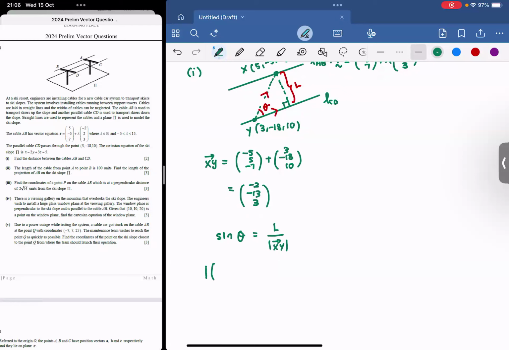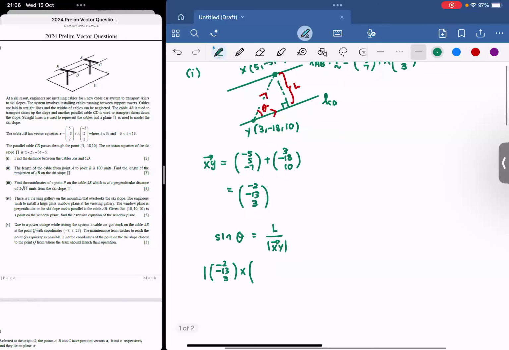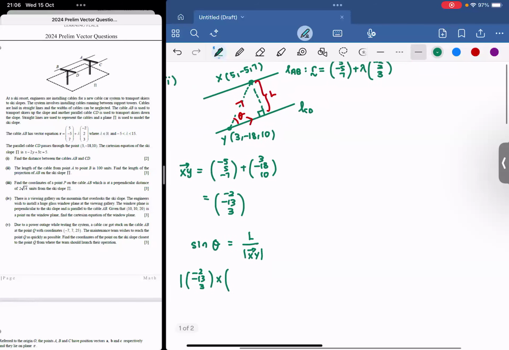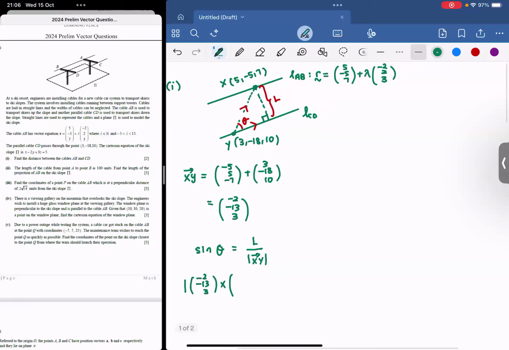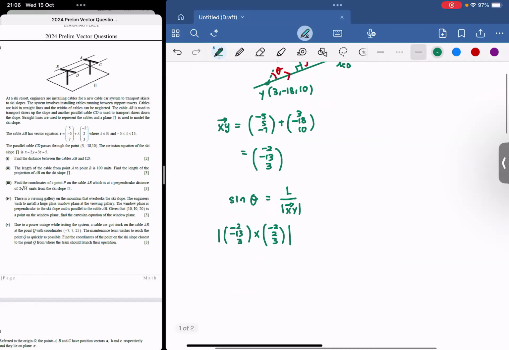Sine theta is your cross product. -2, -13, 3 cross our direction vector of CD, which is -2, 2, 3, over the length of XY and the length of the direction vector.